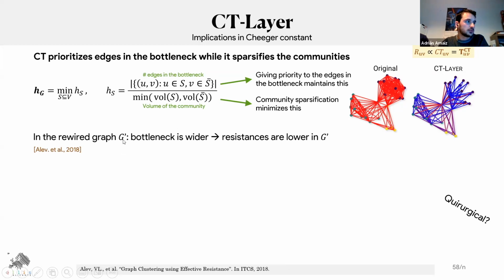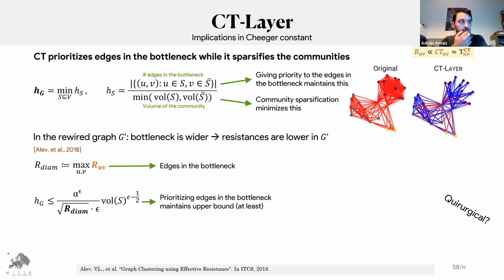In the literature, there are a couple of theorems that relate the commute times, or the resistance distance, as we have said, with the Cheeger constant. If we see here the edges in the bottleneck, the diameter resistance of the graph is the maximal resistance, which, as we have said, are the edges of the bottleneck.